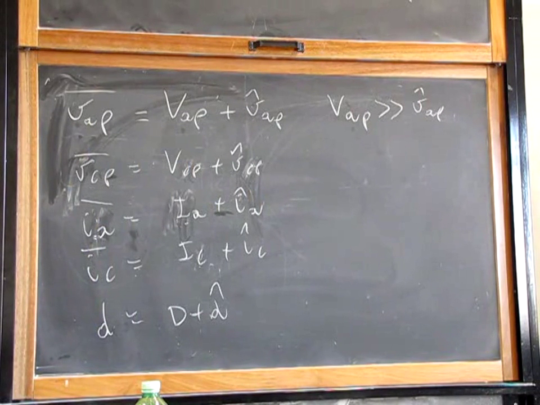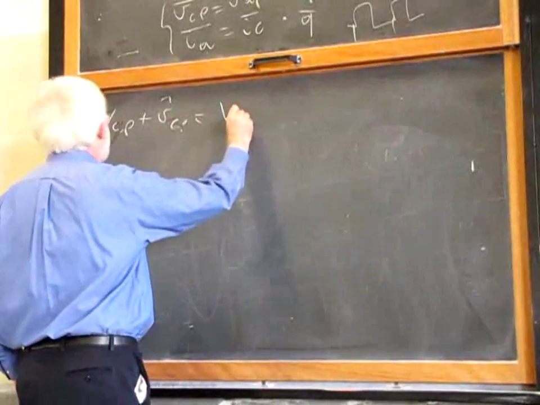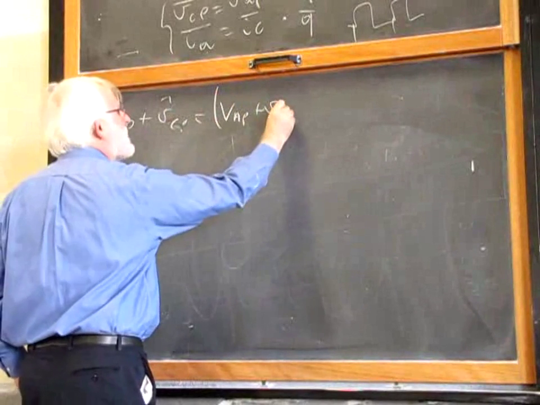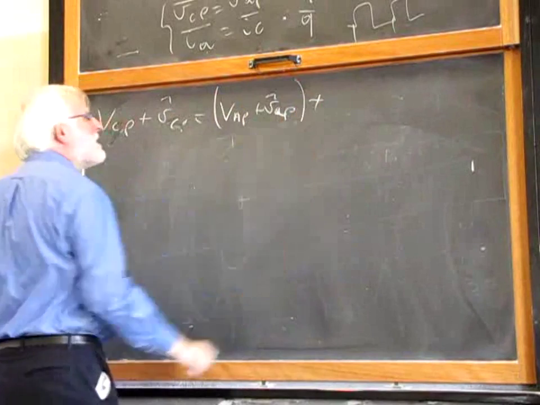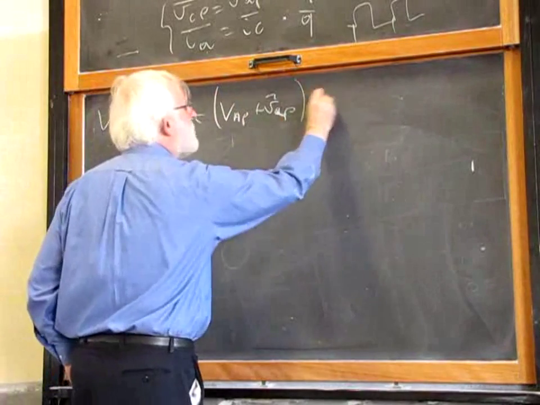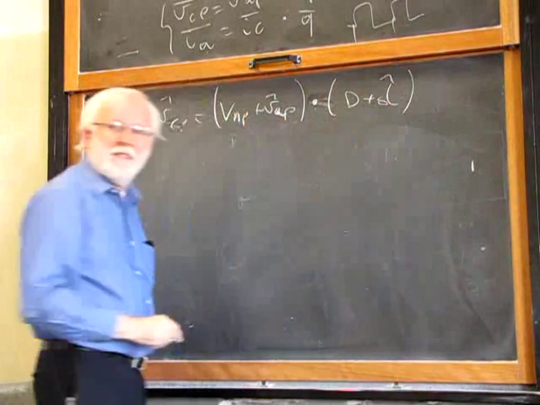And I can write that VAP capital plus VAP hat equals VCP capital plus VCP hat times capital D plus D hat.